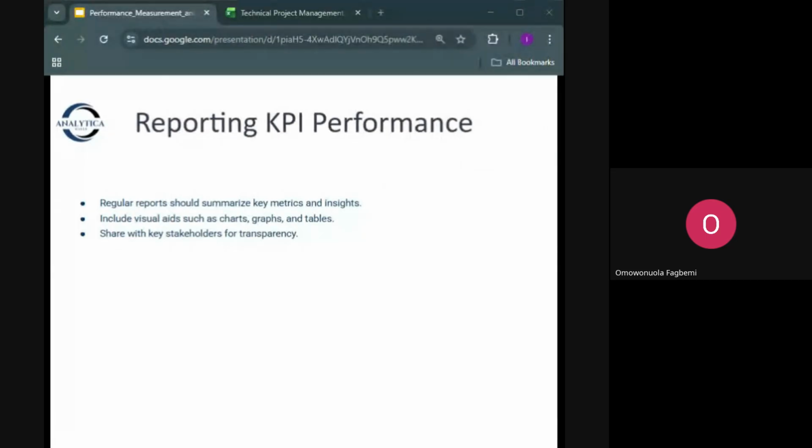So avoid overwhelming your stakeholders with raw data. They want key insights and what actions you are going to take. Okay, so keep it short and visual.